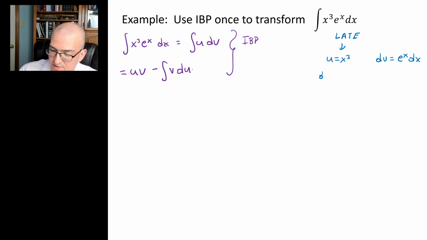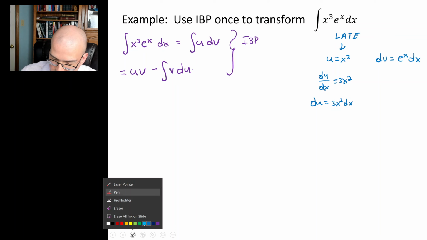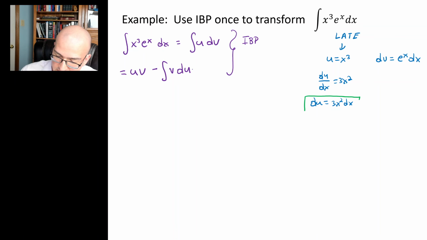I'm going to take the derivative. du by dx is 3x squared. Rearrange to get du. du is equal to 3x squared times dx. So that's that part out of the way.